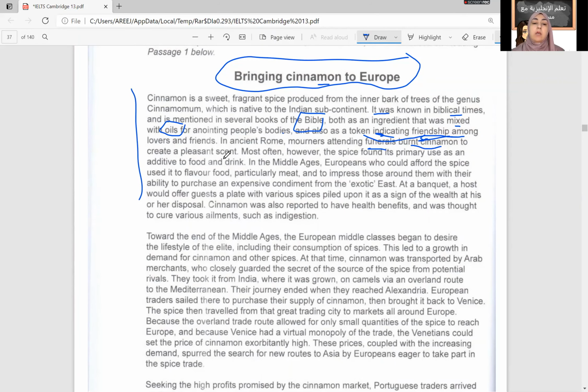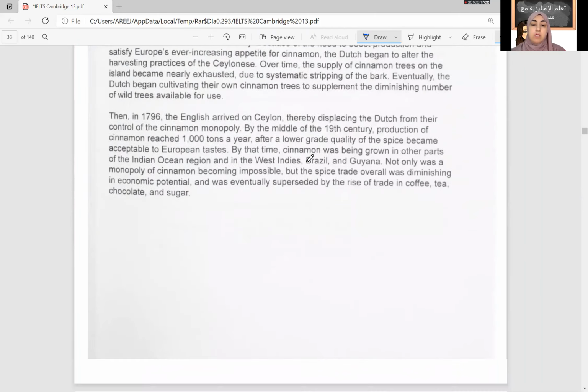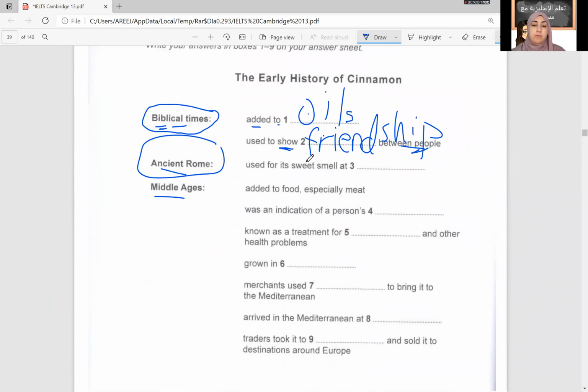We need to know the meanings and synonyms. Scent and smell almost mean the same thing. So where did they use them? In funerals. Funerals, you know what it means? It means the funeral. So smell at funerals. So the word is funerals.